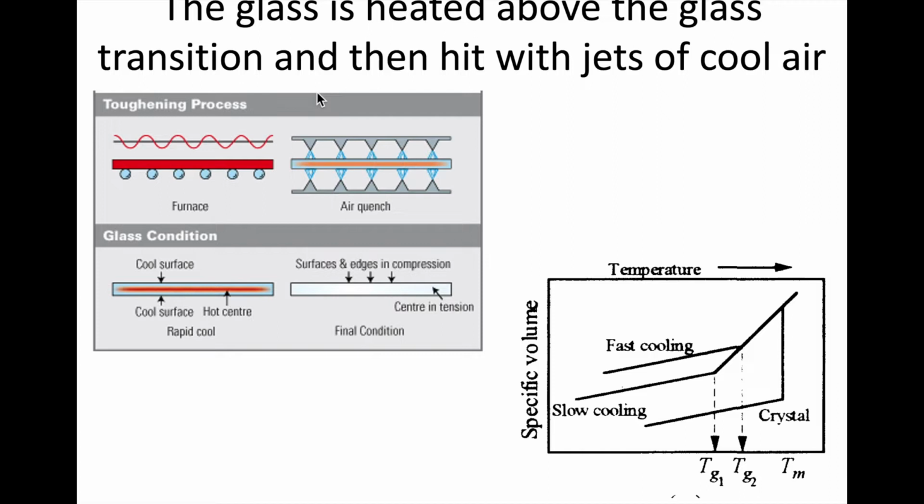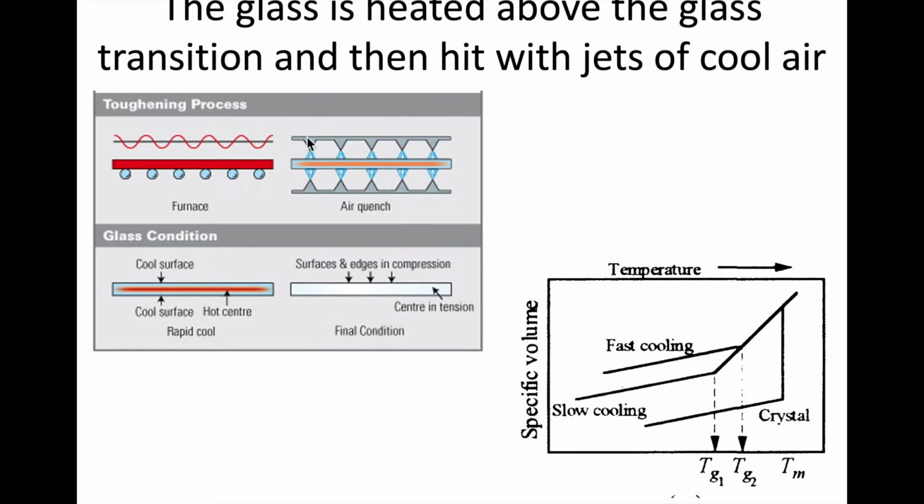We know the glass transition is where the network in a glass can rearrange, allowing it to go into the more rubbery state we see up here above the glass transition. So we heat it to above the Tg, and then we hit it with jets of cool air.